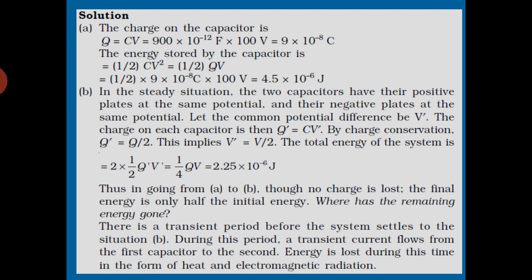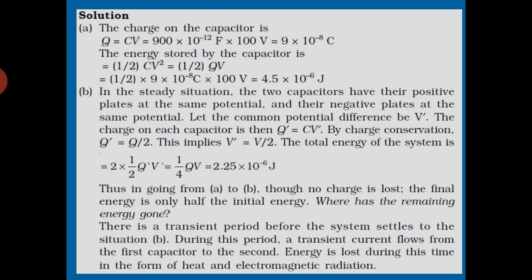So Q by 2 charge appears on both of these capacitors. Let us take this as Q dash. It means potential V dash will also be V by 2, because Q dash is equal to CV dash, and as Q dash is half of Q, V dash will also be half of V.